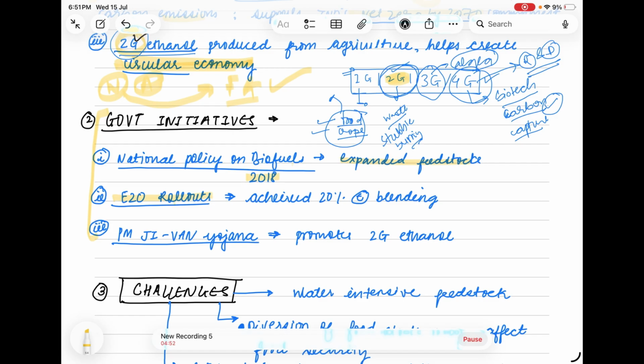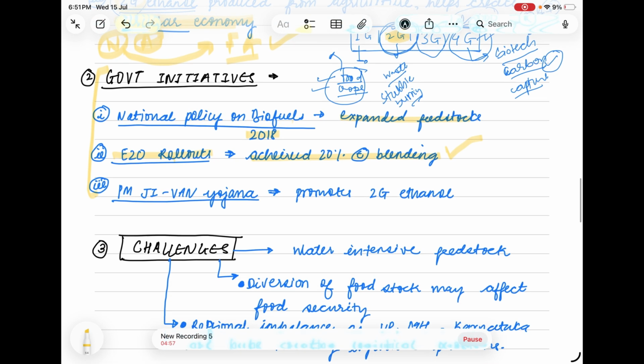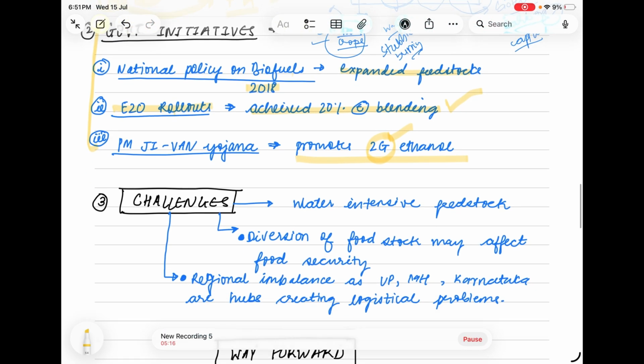There have been a few government initiatives. Whenever we are writing an answer, explicitly asked or not, if it is a 15 marker, we can always include government initiatives. For ethanol blending, the National Policy on Biofuels 2018 is one of them, and the aim is to expand the feedstock.